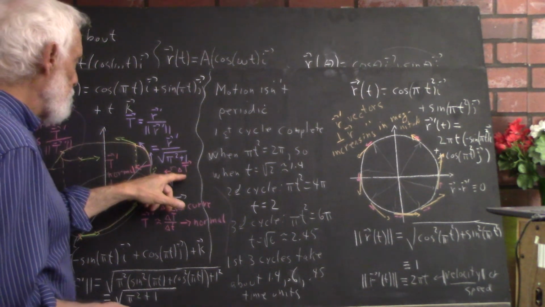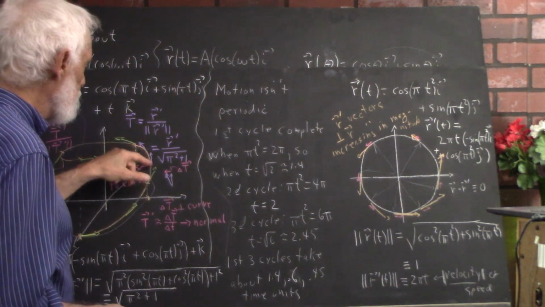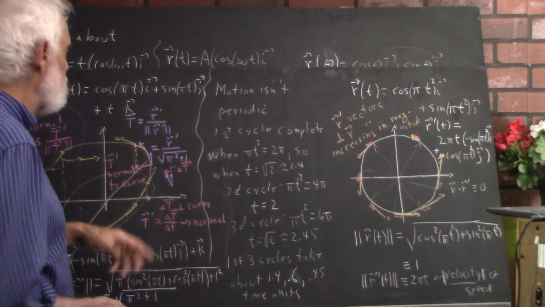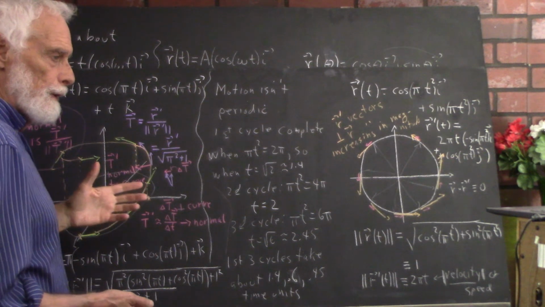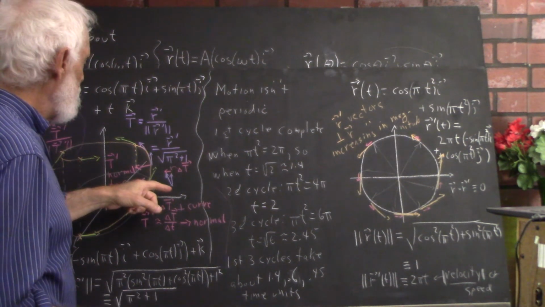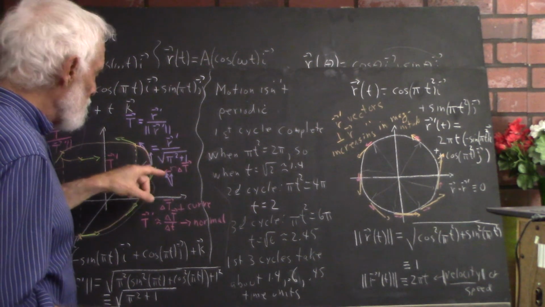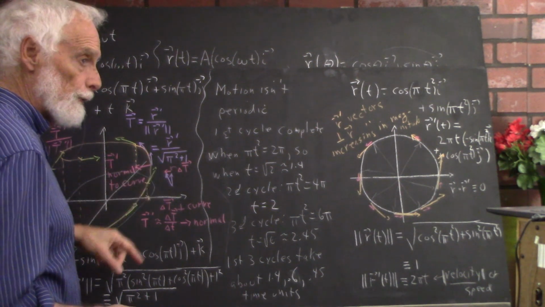If these vectors are very close together, since this is an isosceles triangle, it's very easy to argue that this vector is in the limit perpendicular to both of these vectors.